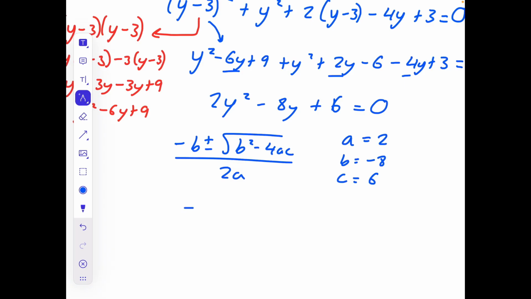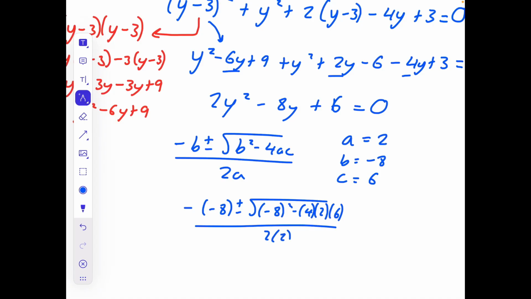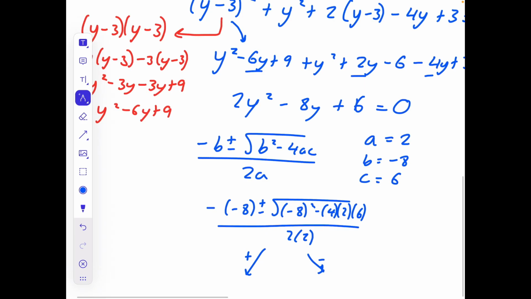I'm going to fire that into my formula, so it's going to be minus 8 plus or minus the square root of minus 8 squared. Now I put this all straight into my calculator, obviously with the plus first, and then I change the plus to a minus. Just be very careful here.